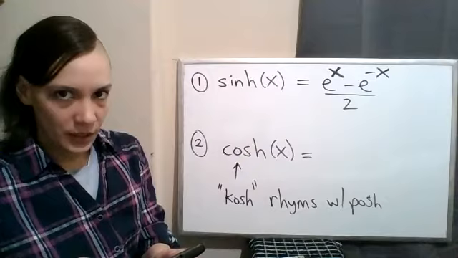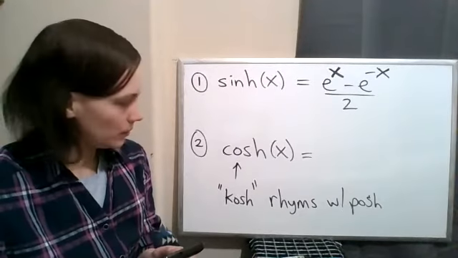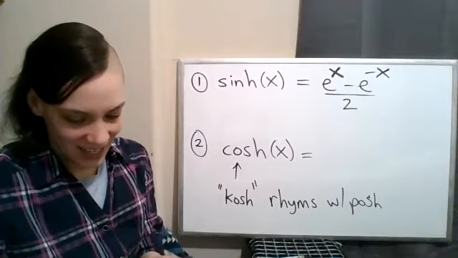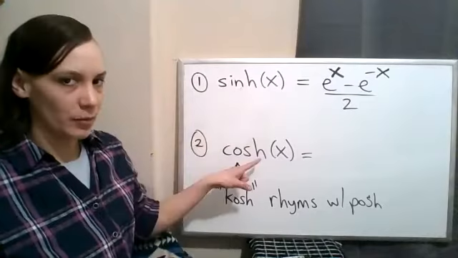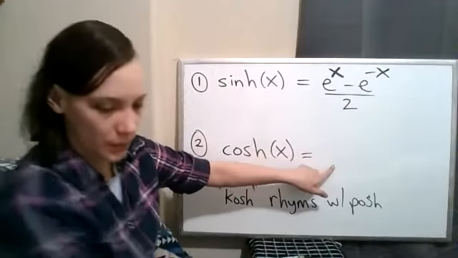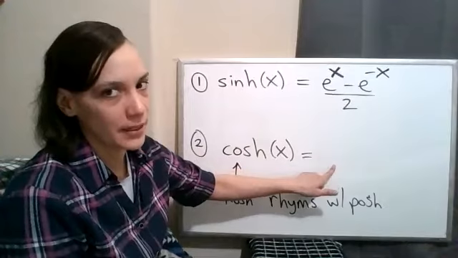Cinch rhymes with pinch. Kosh rhymes with, well, posh. And then hyperbolic, oh wait, okay, so it's hyperbolic sine, hyperbolic cosine, and this one's equal to e to the x, add e to the negative x, and divide by 2.